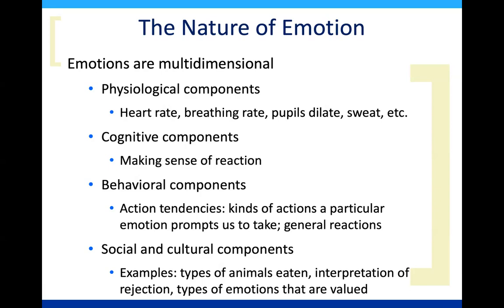There's also the cognitive component where we automatically start to try to make sense of a reaction. We try to interpret where this reaction is coming from and what has triggered it. There's also the behavioral components that help us interpret emotions. So we have specific action tendencies in regard to emotions. These are the kinds of actions that a particular emotion prompts us to take.